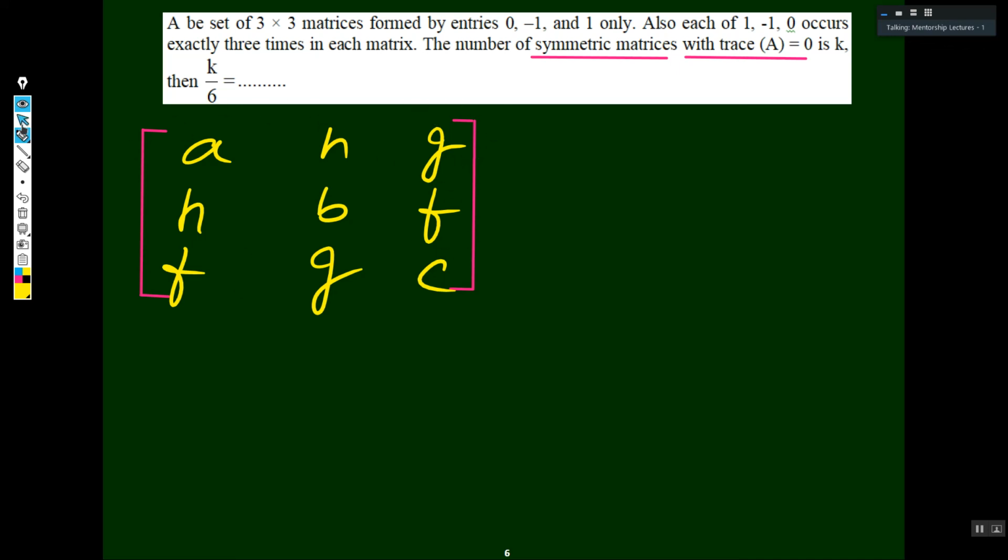Okay, what is happening here? You can see this won't change in the transpose. This won't change. And this 1, 2 becomes 2, 1. Just check it out. And this 1, 3 becomes 3, 1. And 2, 3 becomes 3, 2.